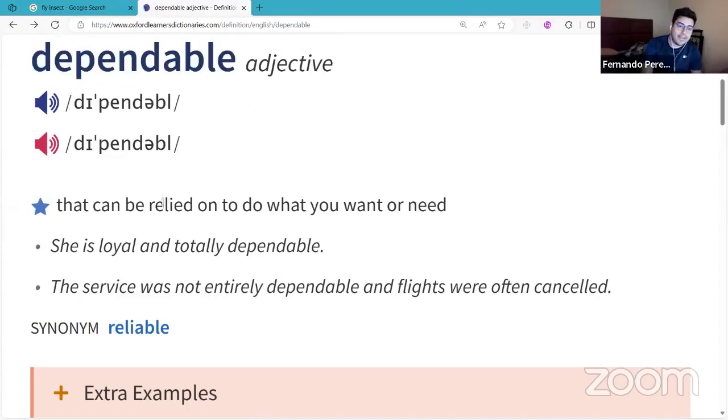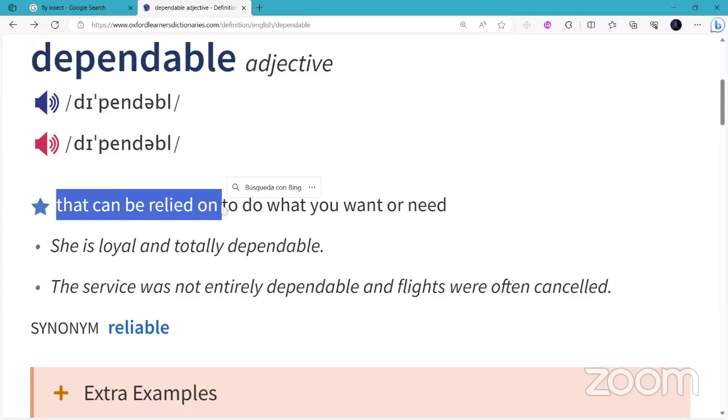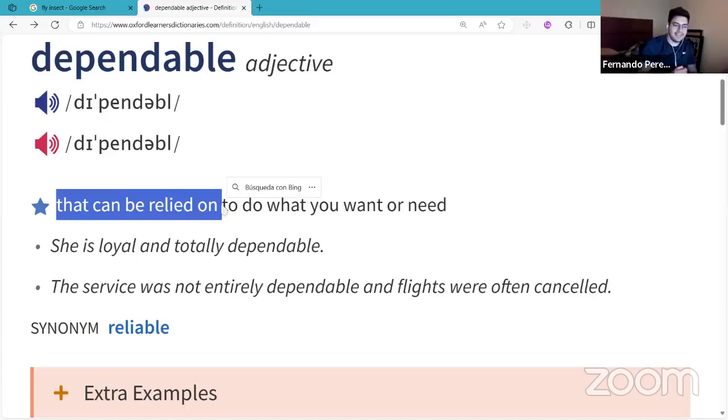Think about this: a dependable person is a person that can be depended on. That I can depend on you. If I can depend on you, it's dependable. So it's not dependiente.